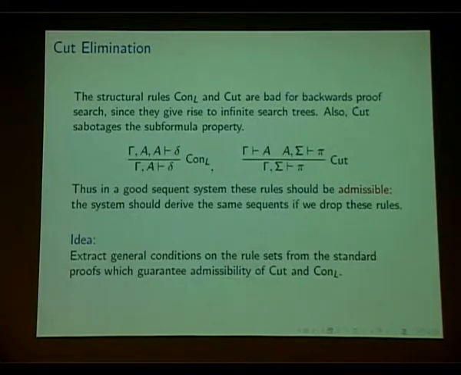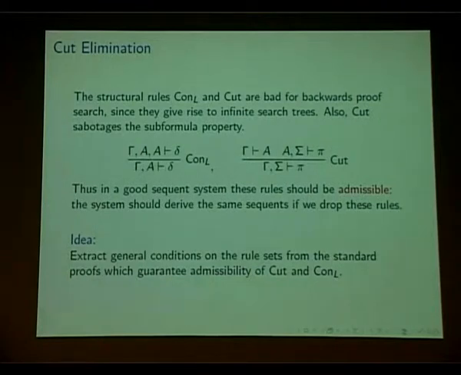Yeah, so that means that if you have a look at the structural rules which I showed at the beginning, there were the contraction rule and the cut rule. And if you view them from the viewpoint of backwards proof search, then these are really bad. More generally, in backwards proof search, we start with a sequent and we existentially guess a rule which might have been used to derive the sequent, and then we recursively check that all the premises of this rule are derivable, right?